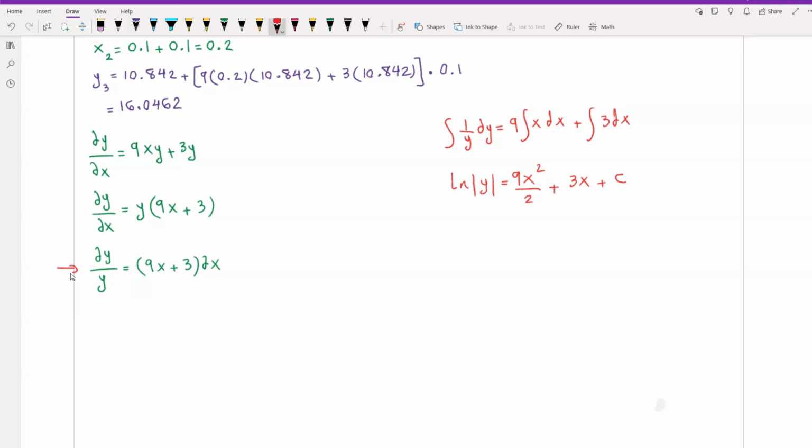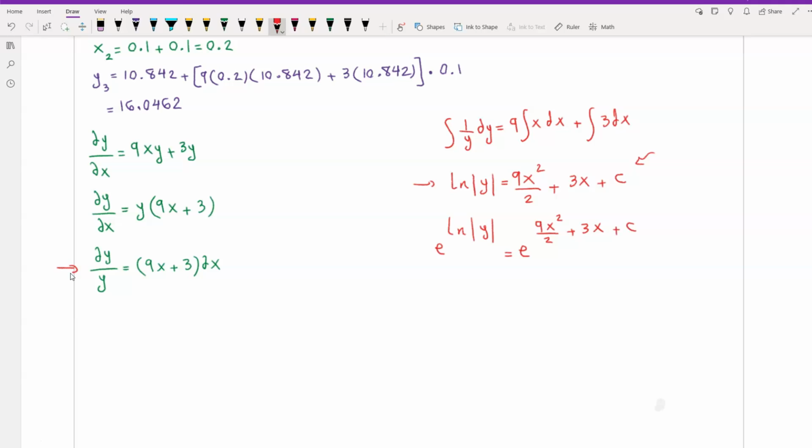Now simplify the equation. So natural log equal to what we have here on this part. So I'm using e on both sides. So exponentiate both sides of the equation. So this is equal to e. Now writing what we had here on this part, it's 9x squared divided by 2 plus 3x plus c.